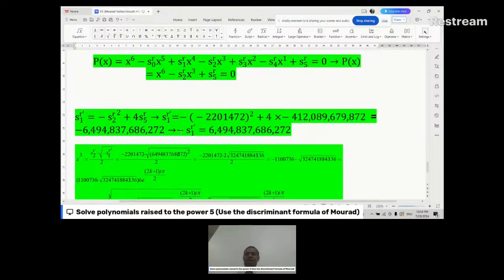I will obtain negative s1 of order r equal 6,494,837,686,272.